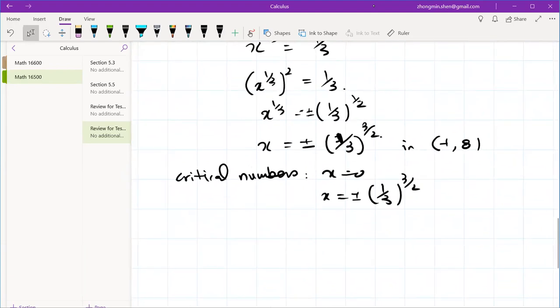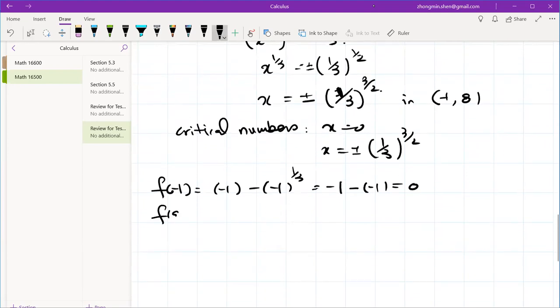After you find the critical numbers, then you just evaluate the function at the endpoints and at the critical numbers. So at -1, that's going to be -1 minus -1, which is 0.